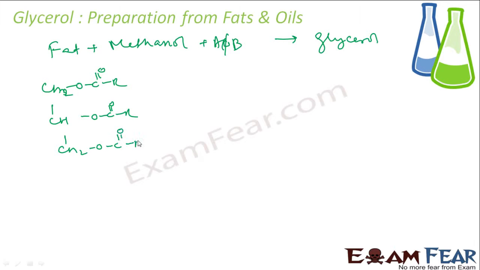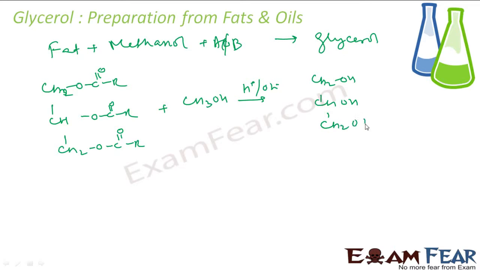Now on this you add methanol, some acid or base, I don't care. You get CH2OH, CHOH and CH2OH. Plus you also get RCOOCH3. You'll get 3 of these. So this is one other way to prepare glycerol from fats or oil.